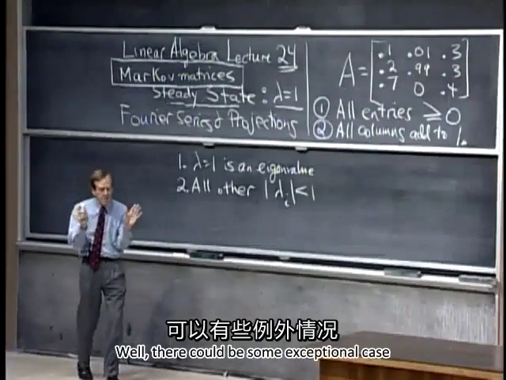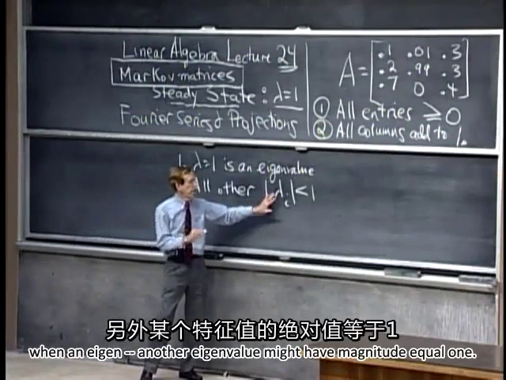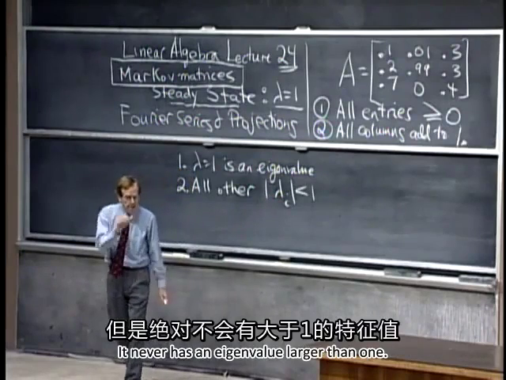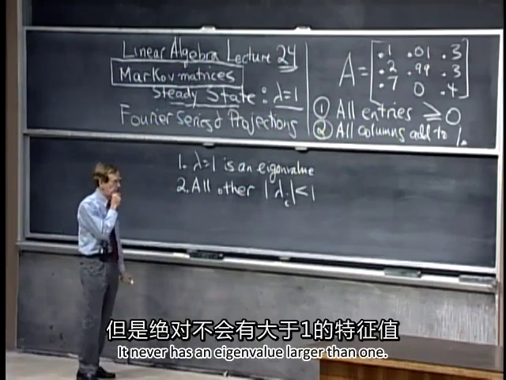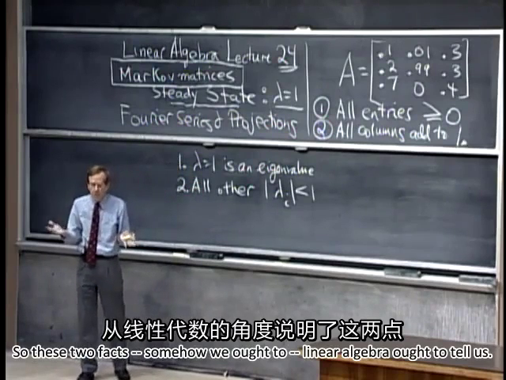Well, there could be some exceptional case when another eigenvalue might have magnitude equal to 1. It never has an eigenvalue larger than 1. So these two facts, somehow linear algebra ought to tell us.